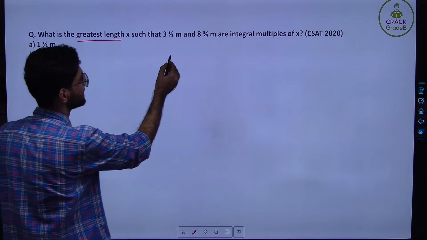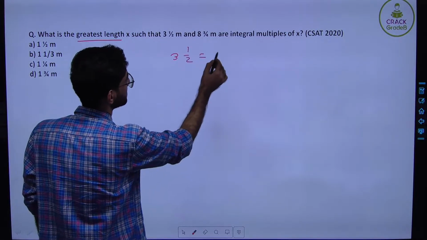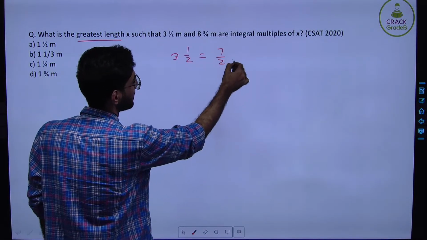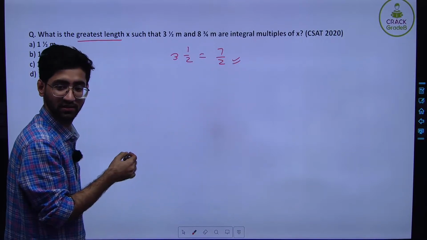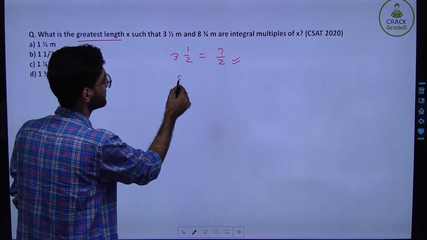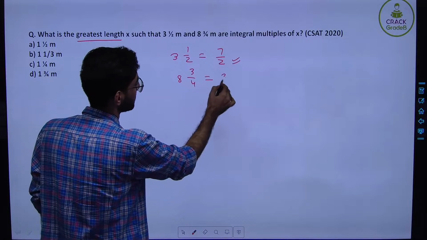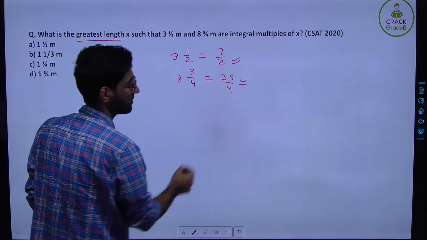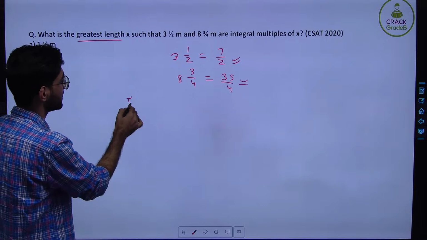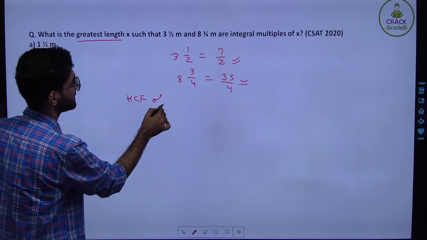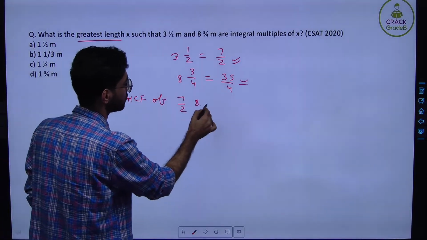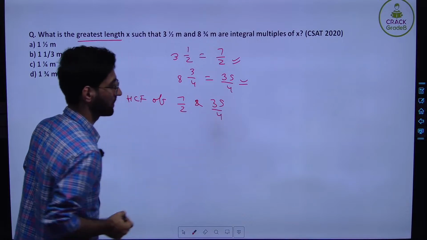How will you write 3, 1 by 2? Means 7 by 2. Is everyone able to get this thing? Right? 8, 3 by 4 means 35 by 4. Right? So basically, you have to answer HCF of 7 by 2 and 35 by 4.